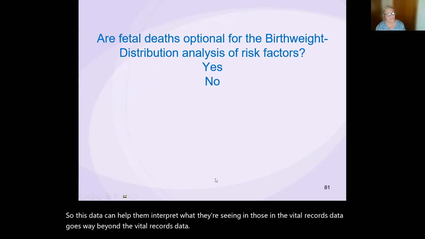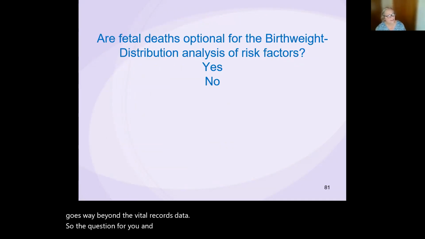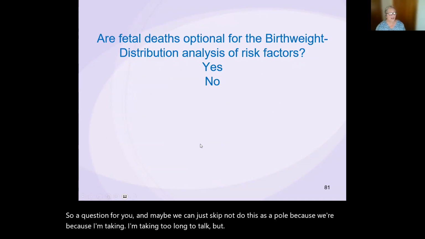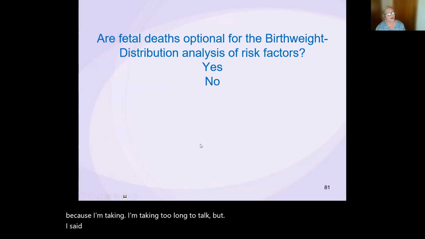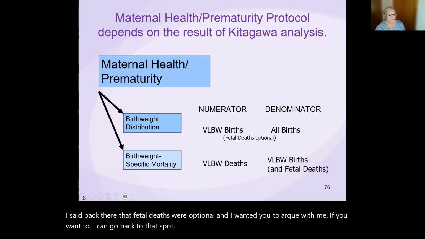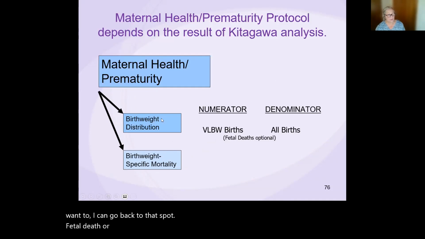So a question for you, and maybe we can just not do this as a poll because I'm taking too long to talk. But I said back there that fetal deaths were optional, and I wanted you to argue with me if you want to. I can go back to that spot. Fetal deaths are optional if you're talking about birth weight distribution.